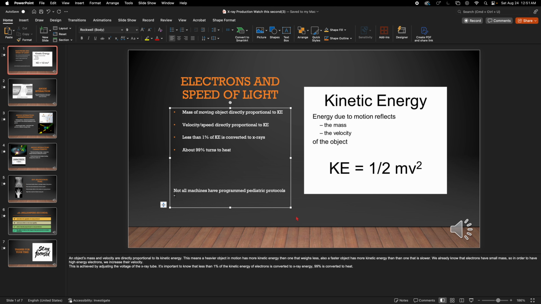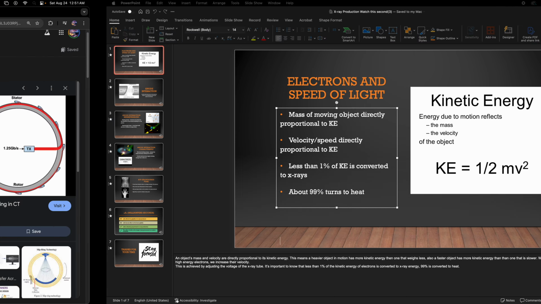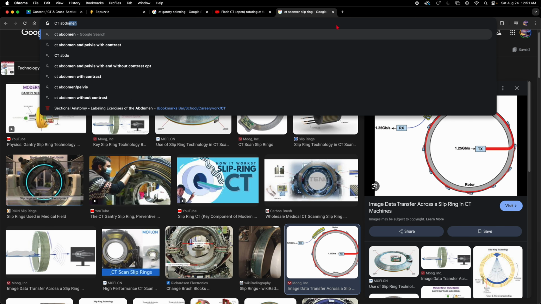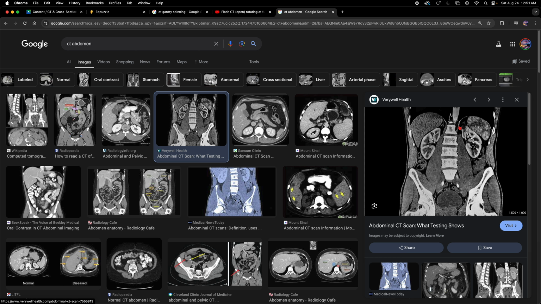And there are some machines that adjust the kVp depending on the thickness of the body part. And some machines also adjust the mAs, which is fantastic. Because if you imagine that you're scanning somebody's abdomen, CT abdomen, some parts of the patient's body would be less dense than others.